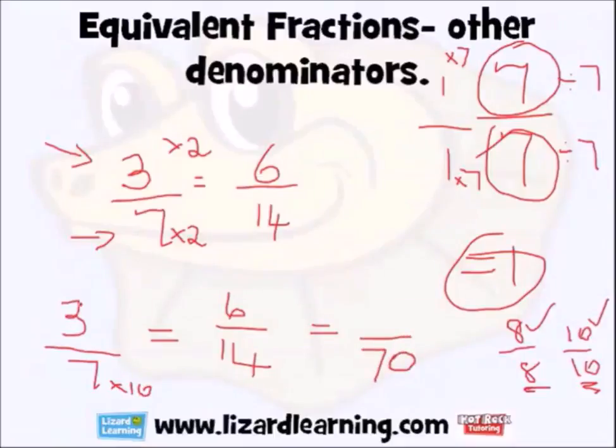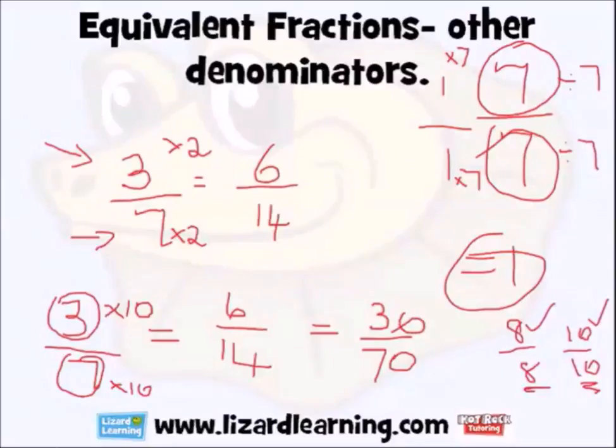Remembering I only took this many parts of the 7 parts, but now that I've chopped something into 7 bits and I chopped all of them into 10 bits, I therefore must have chopped the 3 bits I've taken into 10 as well to make it equivalent. What you do to the bottom, you do to the top. 10 times 3 is 30.